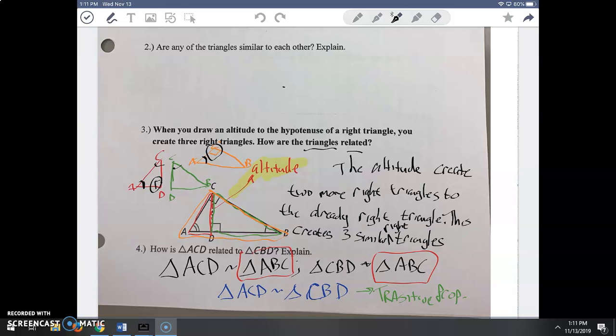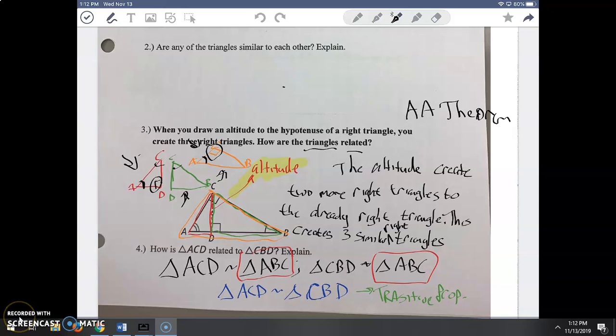Remember, the angle-angle theorem tells us that if two triangles have two congruent angles, then they're similar. Since the red one is similar to the orange one, and the green one is similar to the orange one, they're similar to each other based off the transitive property, which is what's answered below.